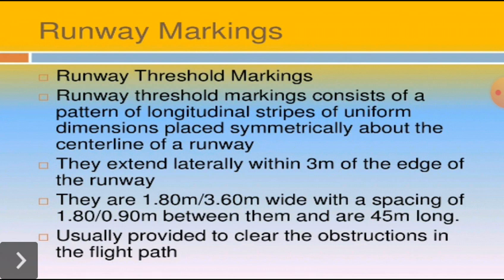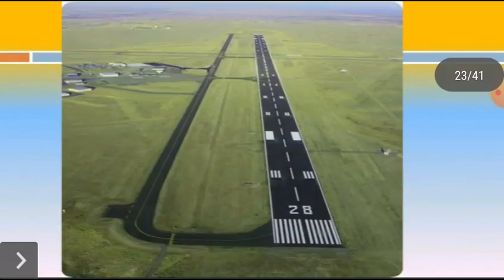They are 1.8 meters by 3.6 meters wide with a spacing of 1.8 meters by 0.9 meters between them and 45 meters long. Usually they are provided to clear the obstruction in the flight path. The figure shows the runway threshold marking.